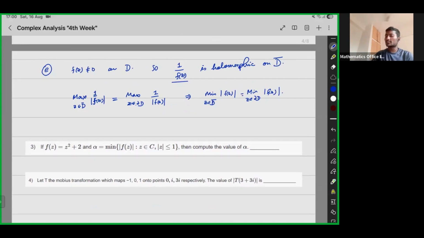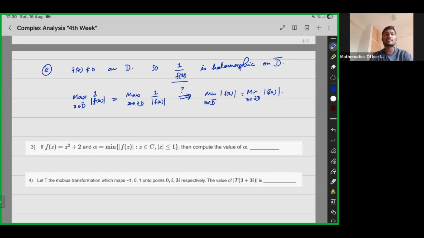Everything fine till now? So this step is clear? From maximum I'm writing minimum. Next step. You have some positive numbers, let's say 2, 5, 7, 9, and the maximum of their inverses is the inverse of their minimum. Just like 1 by 2 is the maximum among 1 by 5, 1 by 7, 1 by 9.